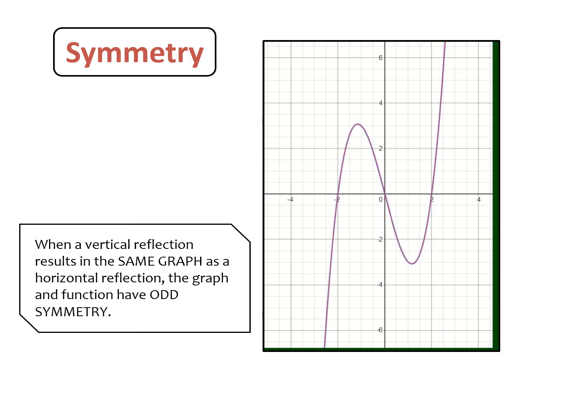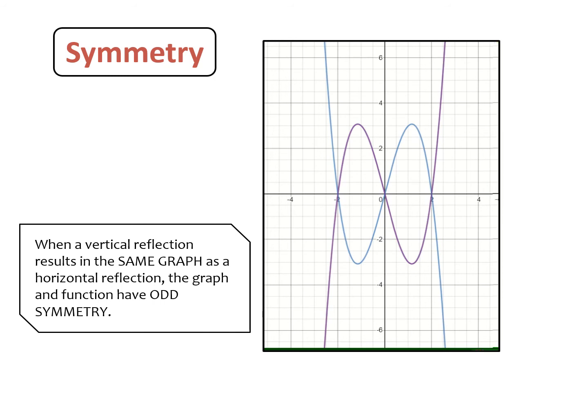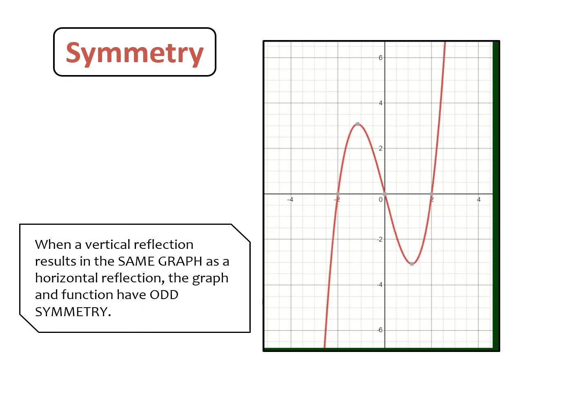Flipping it side to side looks the same as reflecting it vertically. When that happens with a function, whether you flip it vertically or horizontally, and the two land in the same spot, you have what's called odd symmetry.